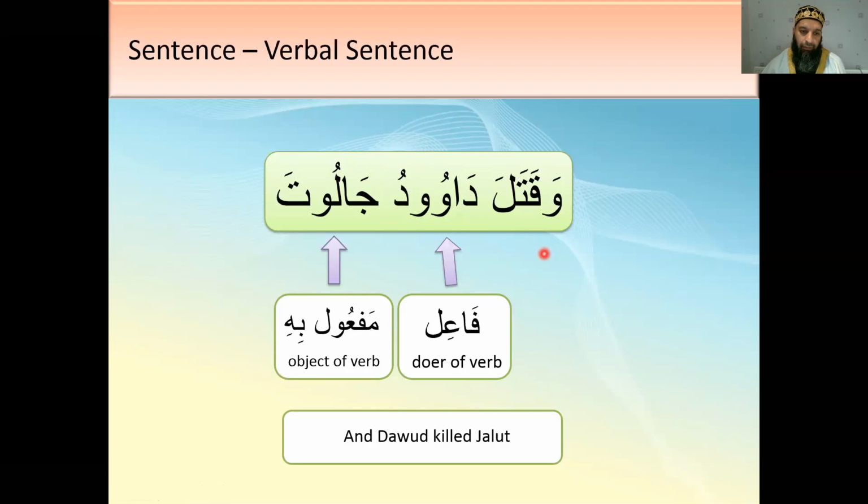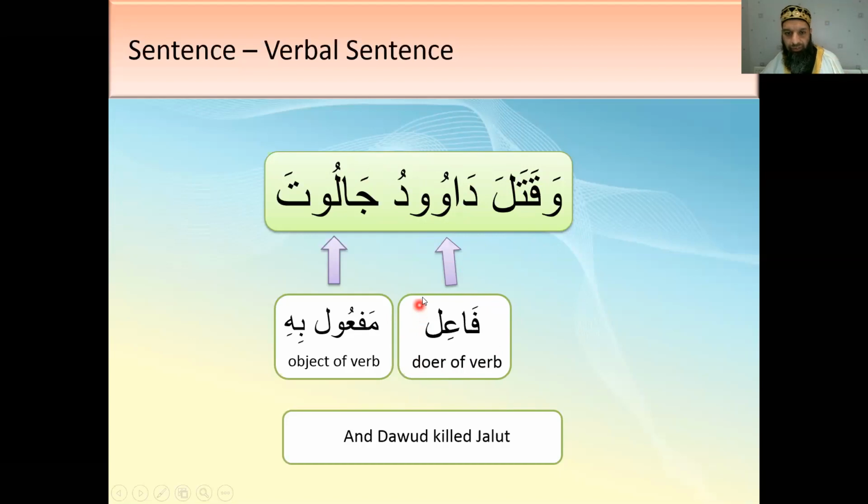Brother, one question. Yes? Dawood is the fa'il in it. Yes, who did it is the fa'il. And Jalut is the maf'ul bihi, which is mansub. The fa'il is always marfu.